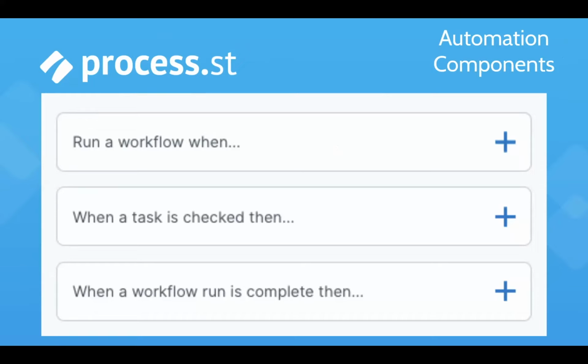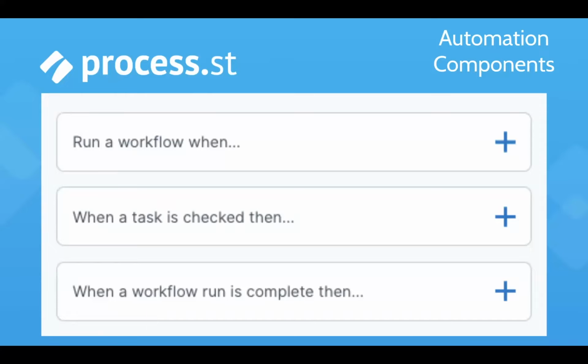That's possible. The second one is when a task is checked in our sales workflow, then send a contract out for signature via DocuSign. We've just gotten to the task that says, yes, we successfully signed up this customer and we've collected all the correct information. Now send a DocuSign out to them for them to sign the contract.